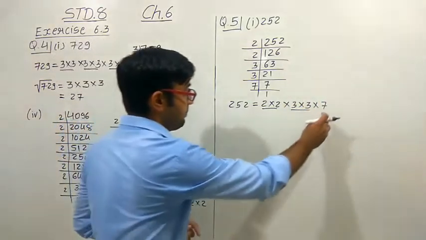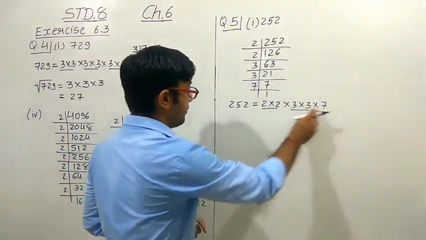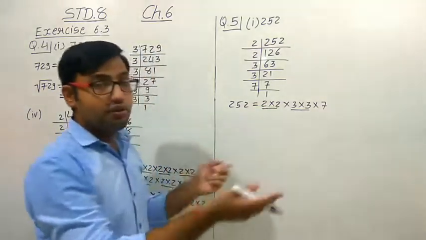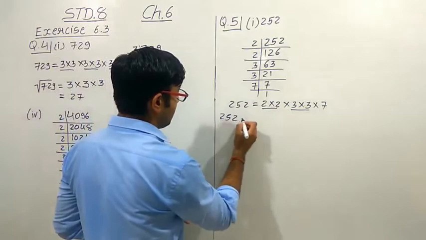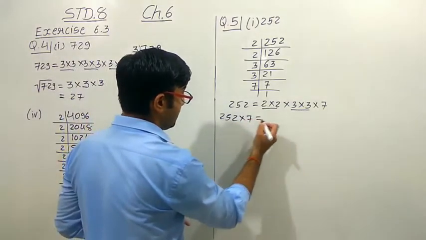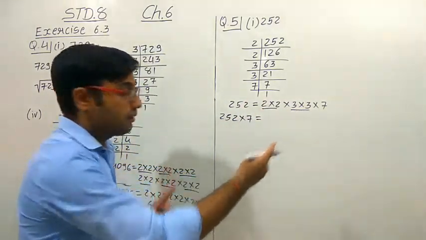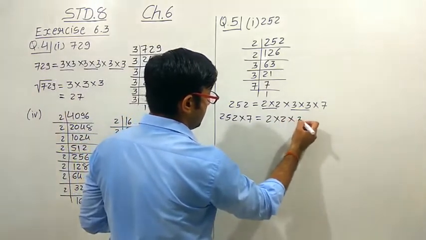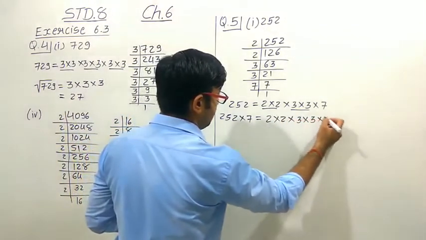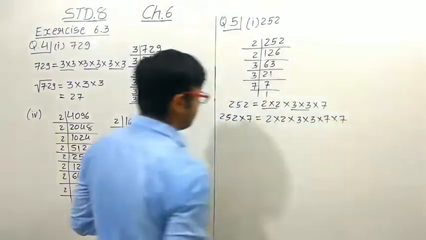But we cannot simply say multiply this side with 7. We have to multiply 7 on both sides. So when we multiply both sides with 7, we get 252 into 7. So the right hand side also we have to multiply with 7. So we get 2 into 2 into 3 into 3 into 7 into 7.